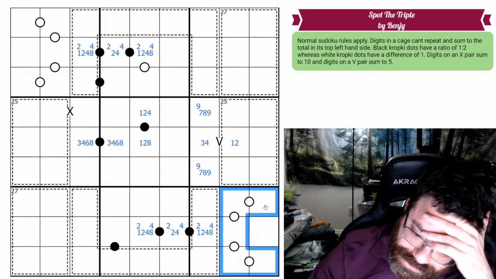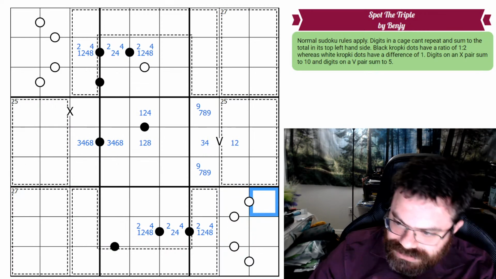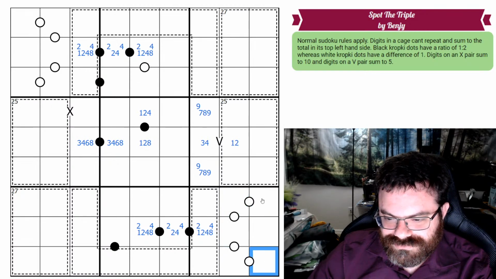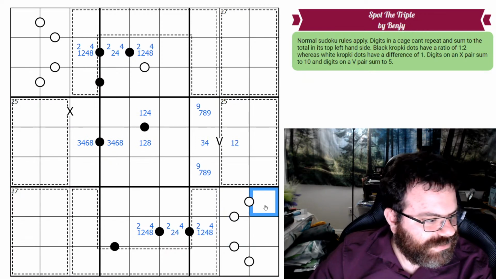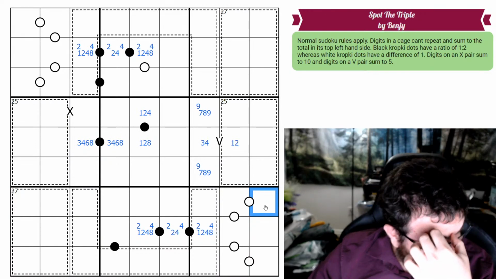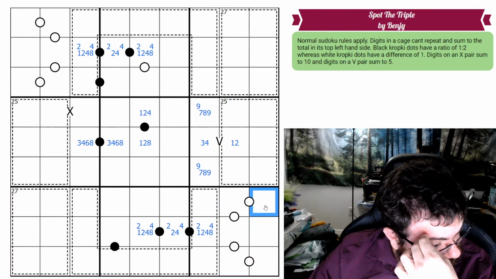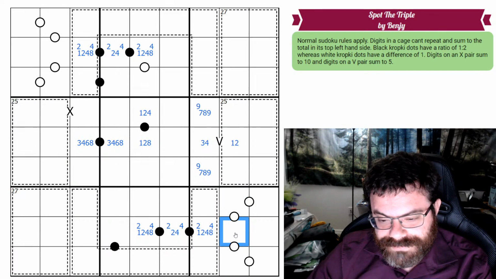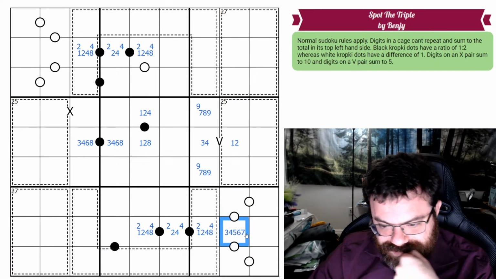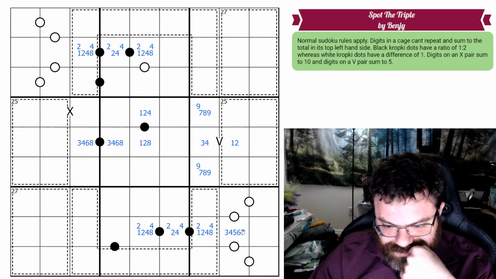I think we've got a thermo, but we don't know which end it is, so the center is probably the most restricted. Hey, how's it going, Ken? So this could be as low as 3, as high as 7. It's not that restricted.